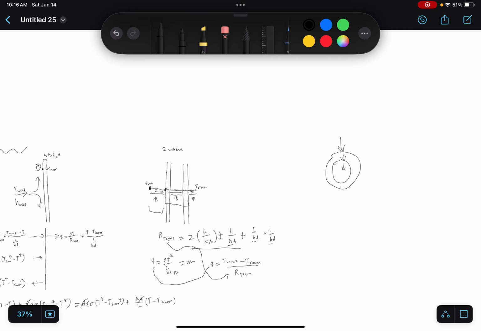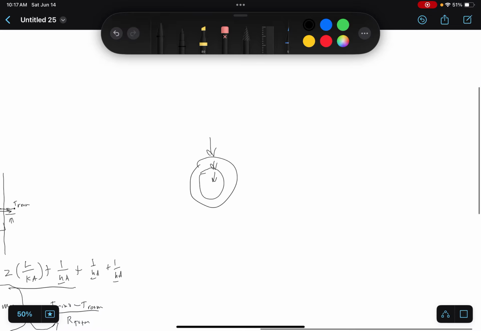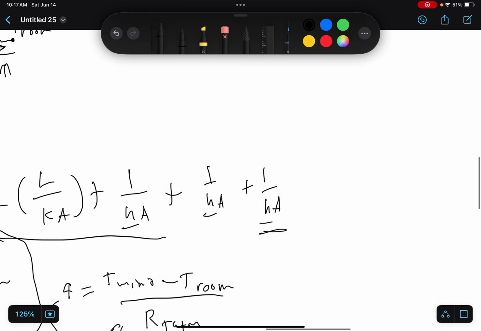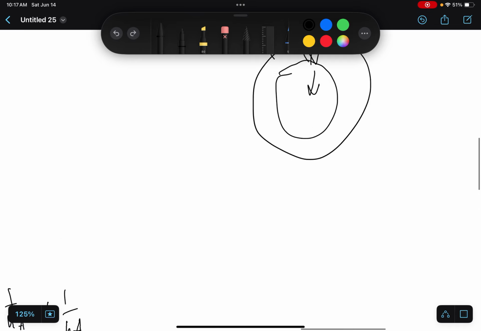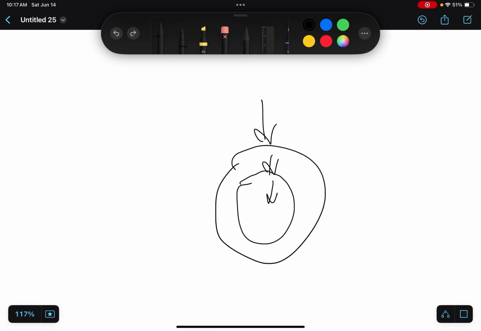So how would you do, what's the right word for it? I'm going to just say round. How would you do round heat transfer? The convection equation is the same, so 1 over HA, but for A, you would have to do, well, okay, what would be going on here?